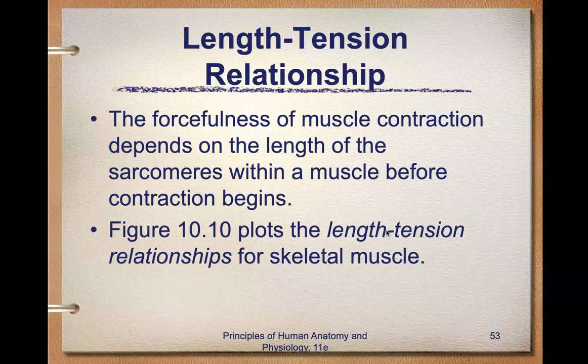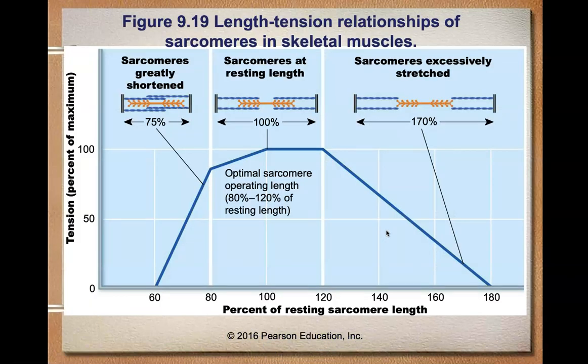They have done research on this, and they found that there's kind of like a sweet spot, an ideal spot, an optimal sarcomere length prior to muscle contraction that allows for the most force, the most tension, to be generated. So this muscle can contract fully.